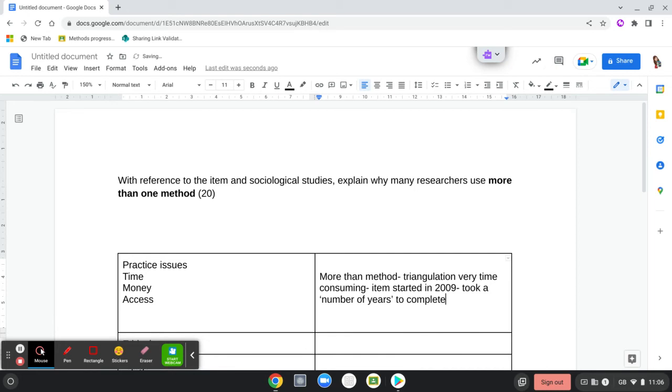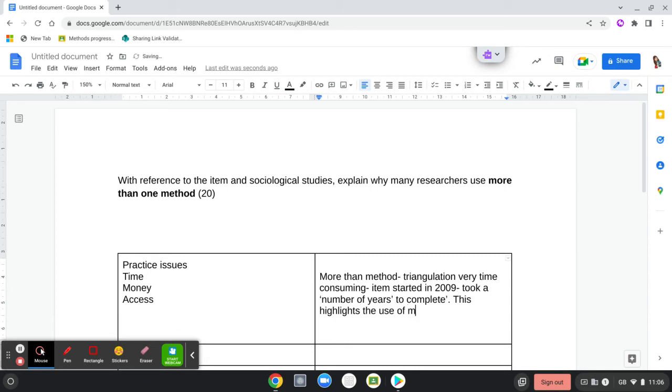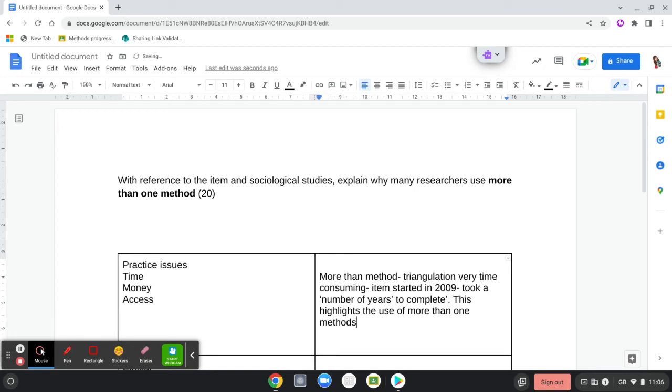That's just lifted from the item. This highlights that the use of more than one method is incredibly time consuming. That's really the hint the item's given me. It started in 2009, and it highlights that the use of those multiple methods is incredibly time consuming.